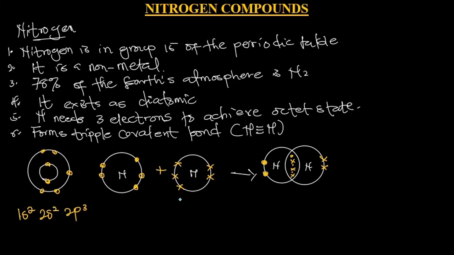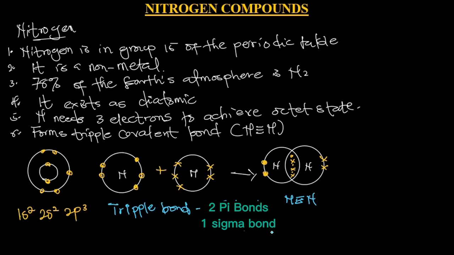Now you need to remember that N2, which is triple bond, triple bonds consist of 1 sigma bond and 2 pi bonds. Now you need to remember that we form the pi bond by sideways overlap of the p orbitals, which again you could be asked to draw.